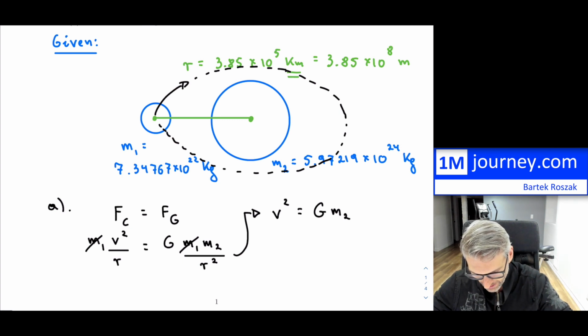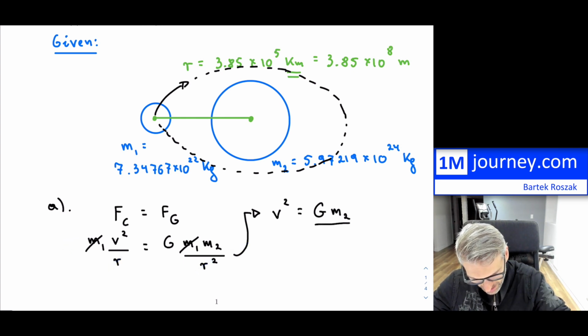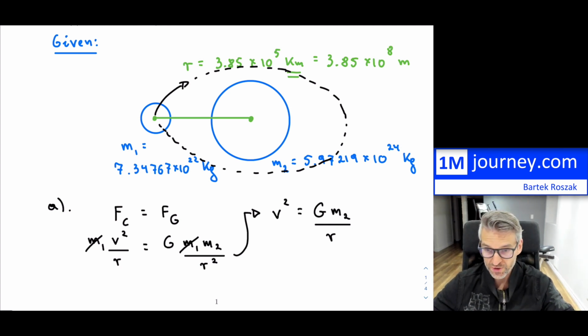The other component is that you have an r on one side and an r squared on the other. If you multiply both sides by r, then this cancels one of these, so in the denominator you're only going to have one r, because one of the r's will cancel.